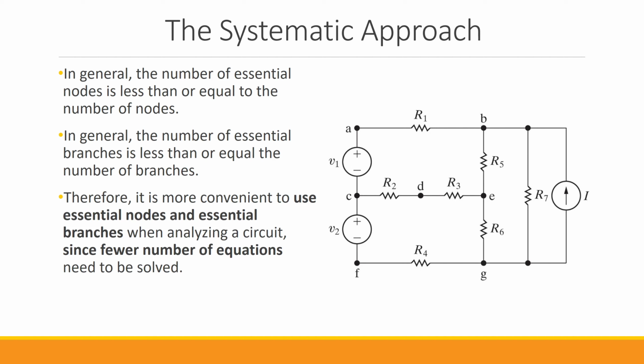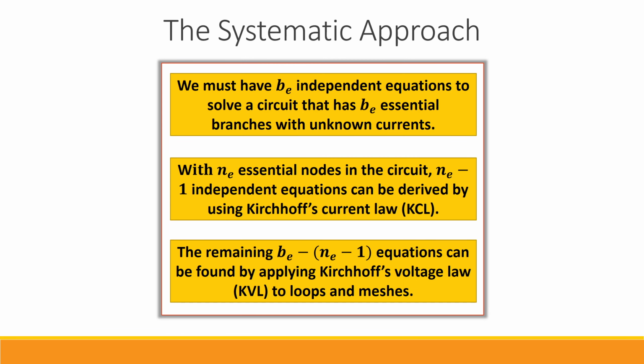To make it more convenient to solve, we use essential nodes and essential branches when analyzing a circuit, since that generally results in a smaller number of equations that need to be solved simultaneously. So the updated version of the systematic approach is like this.